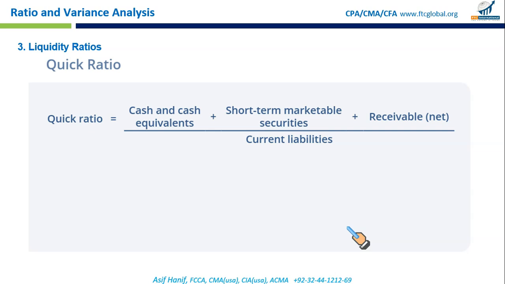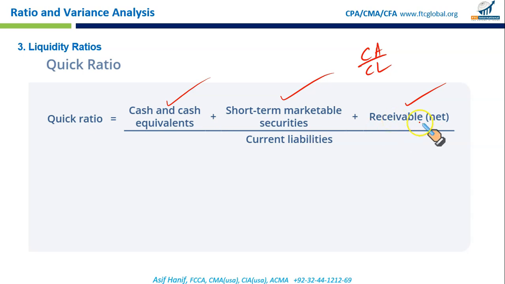A little refinement in measuring liquidity. Previously, we took all our current assets and divided them by current liabilities. But the point here is that your current assets include two specific items which are not readily convertible to cash, like your inventory and your prepayments. If you exclude inventory and prepayments, only these items remain: cash and cash equivalents, short-term marketable securities, and net receivables, that is gross receivables less allowance for uncollectible accounts.